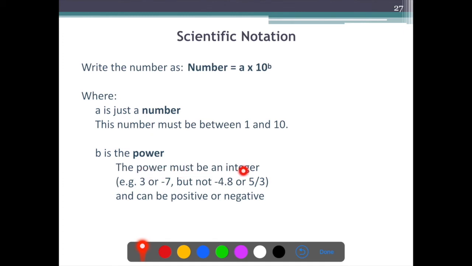The power must be an integer, a whole number, and it can be positive or negative. So for example, 3 or negative 7, but it cannot be a fraction. It cannot be 5 divided by 3 or a decimal like negative 4.8. So it has to be an integer, whether it's positive or negative.